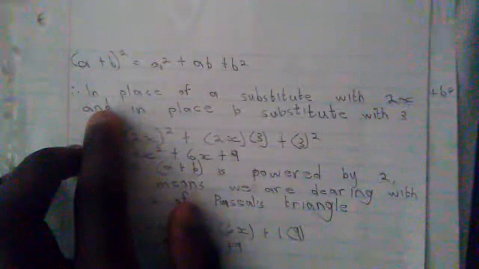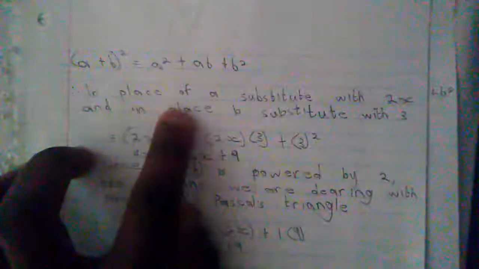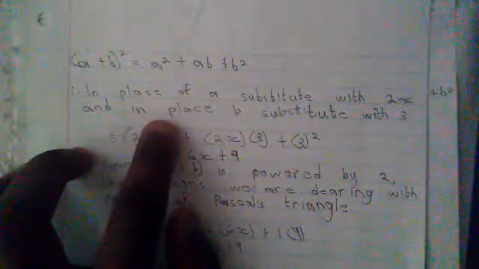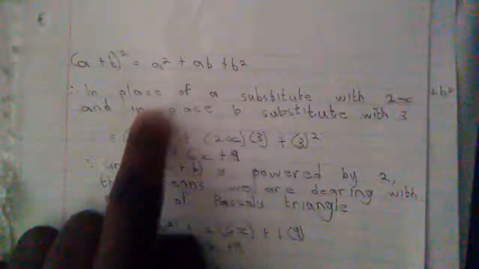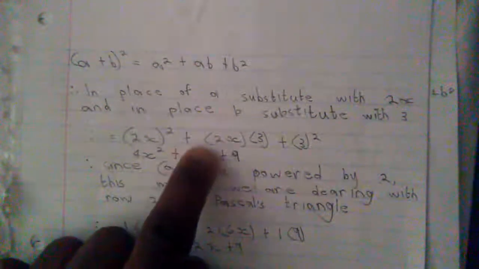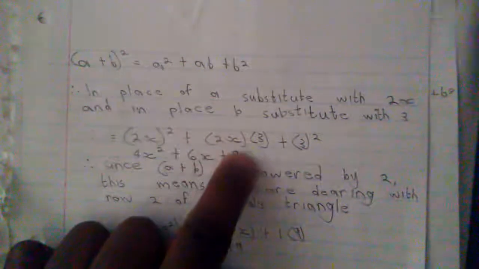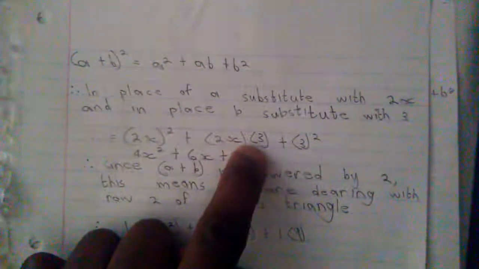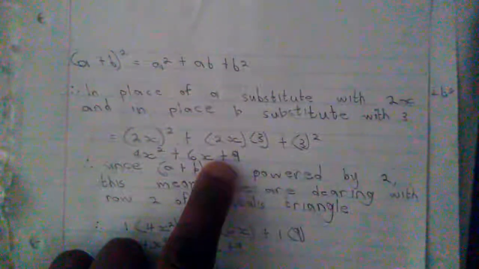In the place of a, we substitute 2x, and in the place of b, we substitute 3. So we have 2x squared plus 2x times 3 plus 3 squared. From there we get 4x squared plus 6x plus 9.